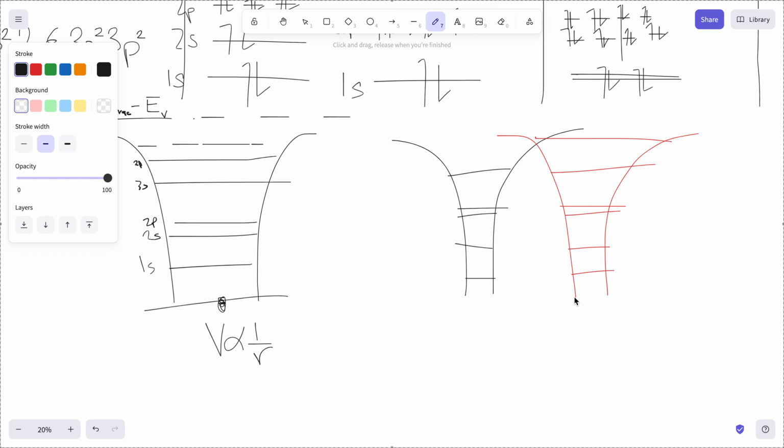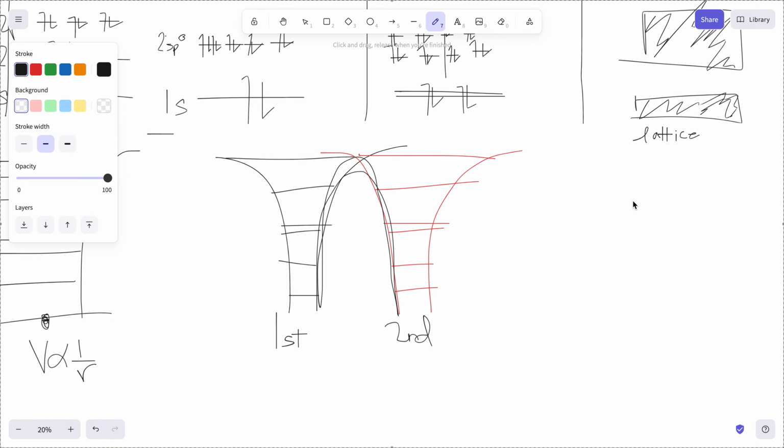And you see here how those energy levels overlap, where this is the first atom here, and this is the second atom. And they overlap in such a way that they minimize the amount of energy.